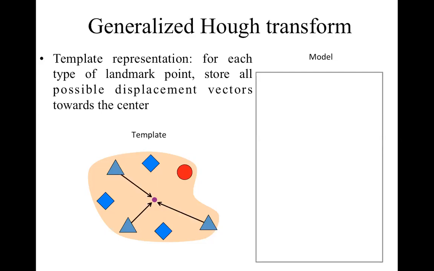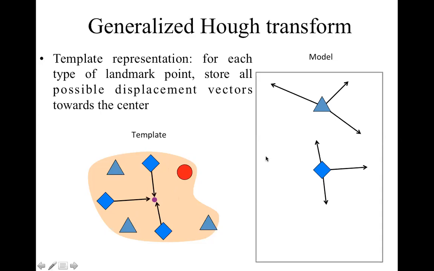So for a triangle, you would have 3 possible displacements with respect to the center. For a diamond, also like a rotated square, you will also have 3 possible displacements. And for the red point, a red ball, you have just 1 possible displacement.